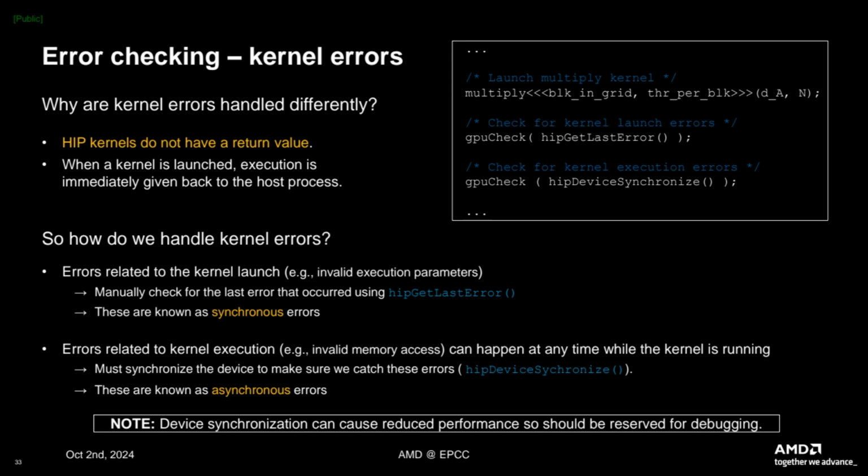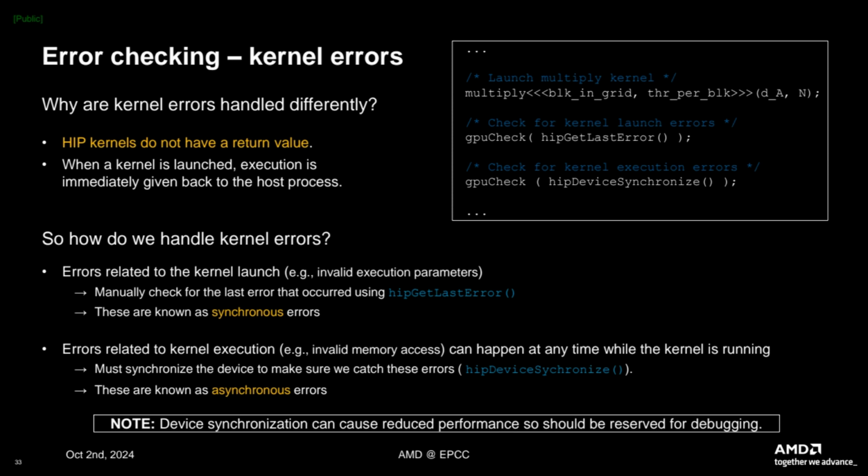For the asynchronous errors that happen during kernel execution, we should make use of synchronization calls such as heap device synchronize and also use the macro. So basically, heap get last error is gonna catch the launch errors, and heap device synchronize is supposed to catch the execution errors.